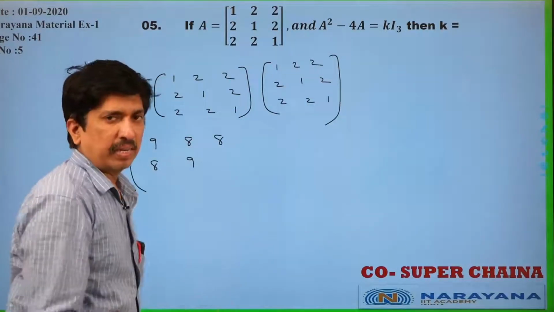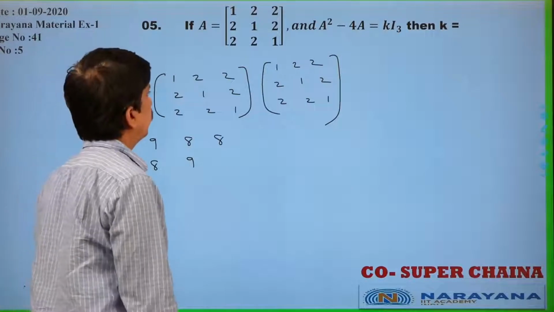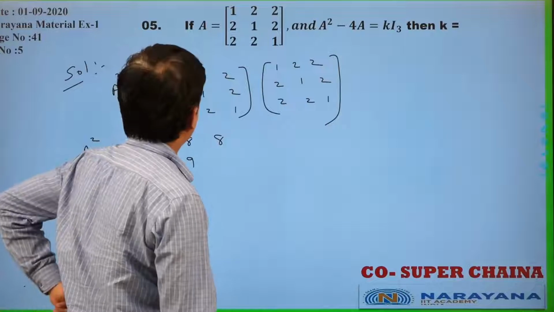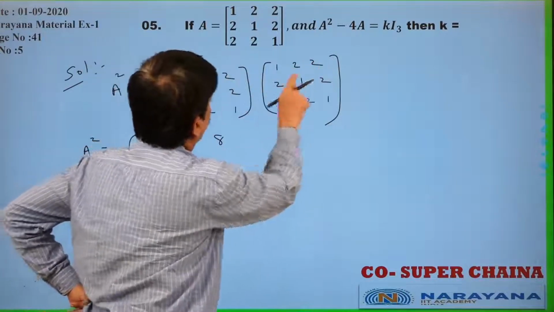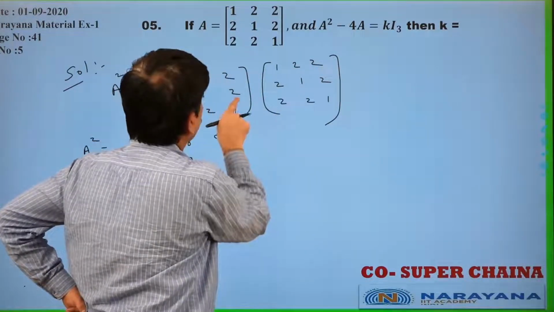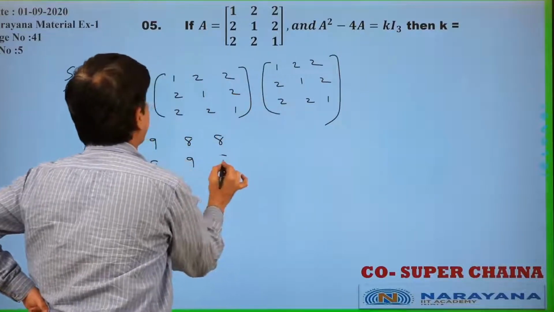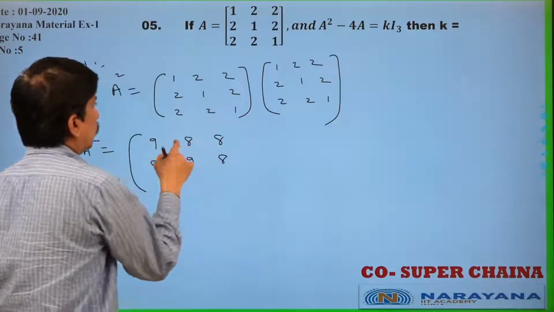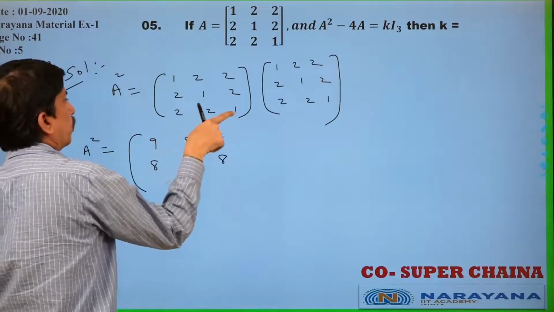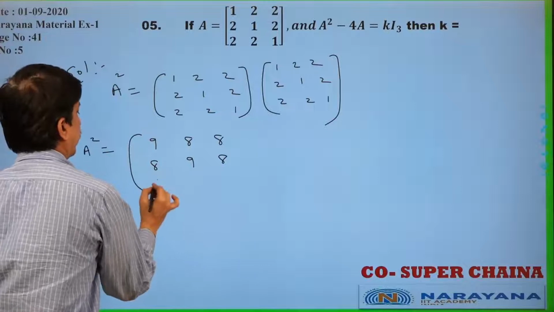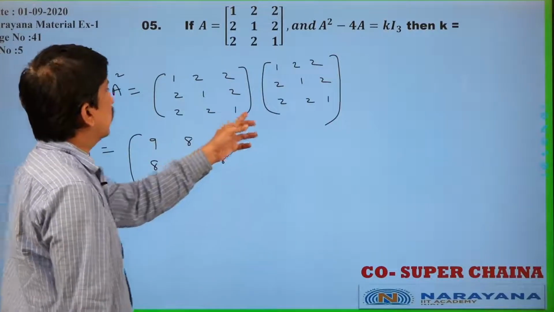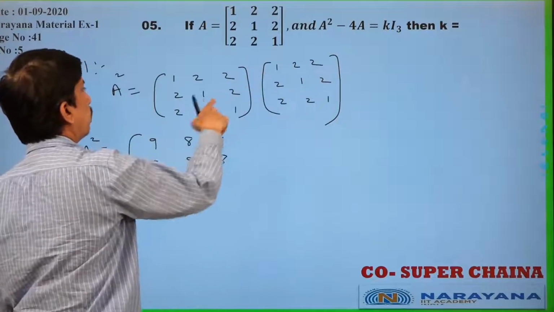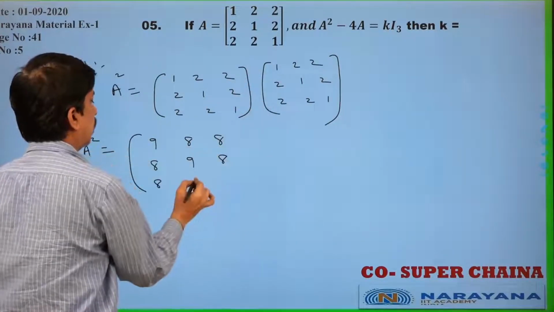Properly you do the multiplication only, a little bit of confusion you will get. Second row, third column, what do you get? 4 plus 2 plus 2, 8. Third row, first column: 2 plus 4 plus 2, 8 only. Third row, second column: 4 plus 2 plus 2, 8 only.